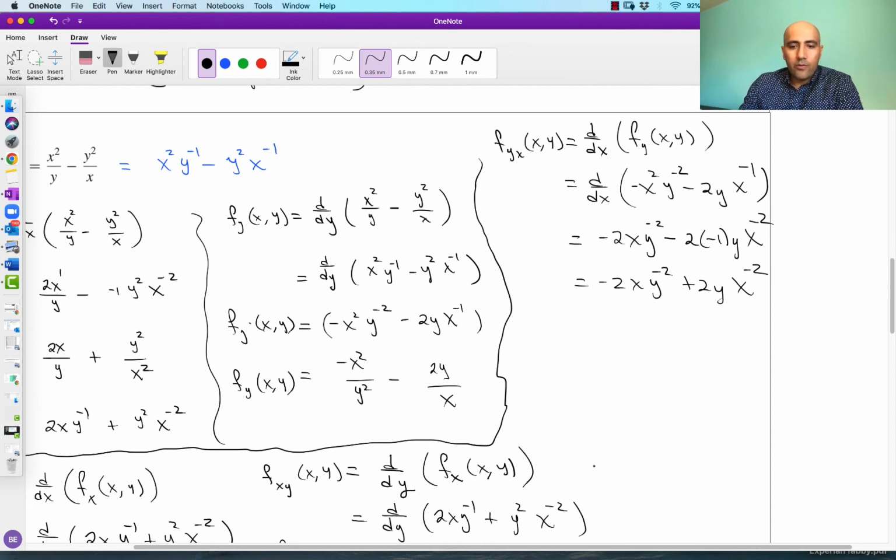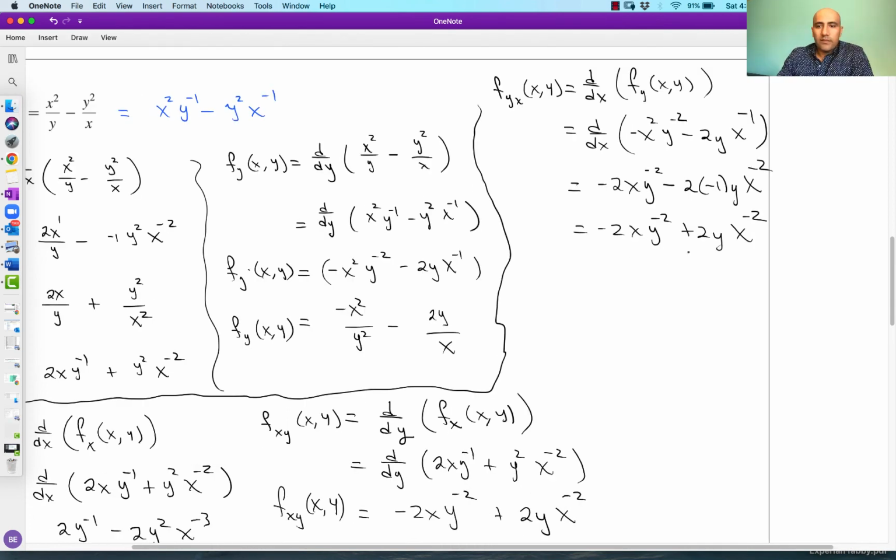And at this point, we want to point out that we should get the same answer as this one. It is exactly the same answer as that one. Right? So this one is f sub yx of x comma y.